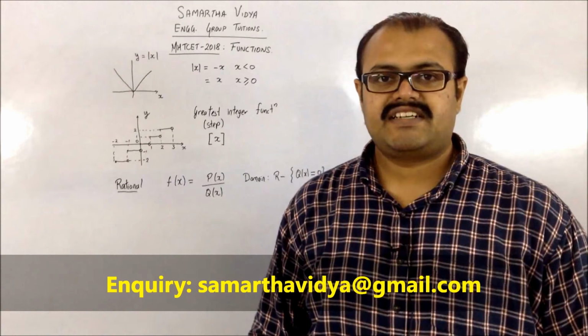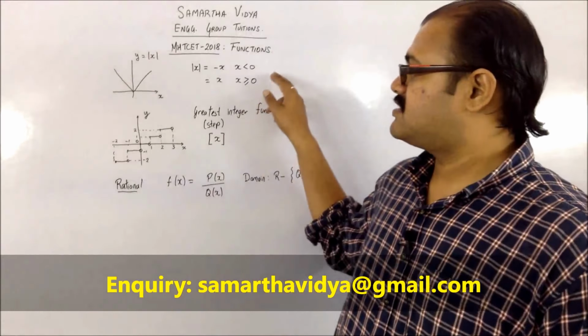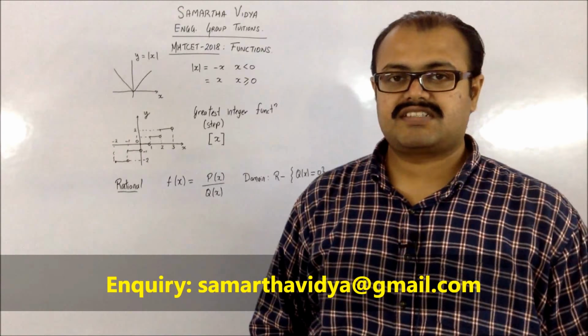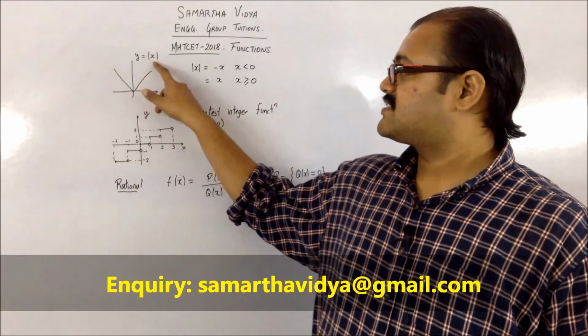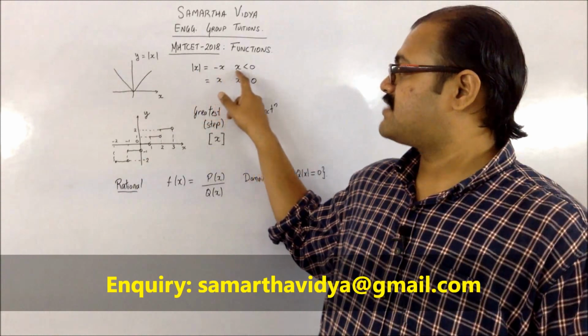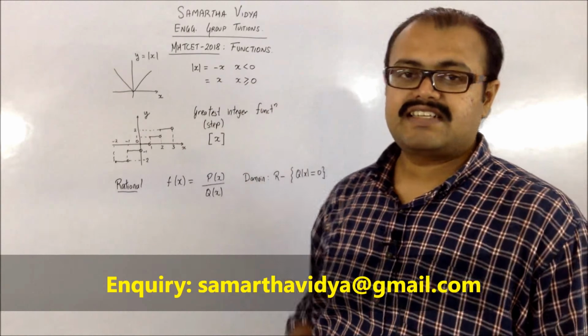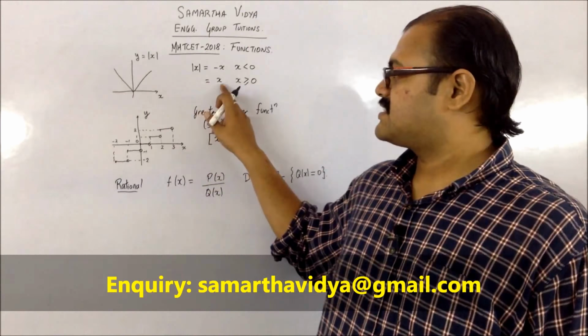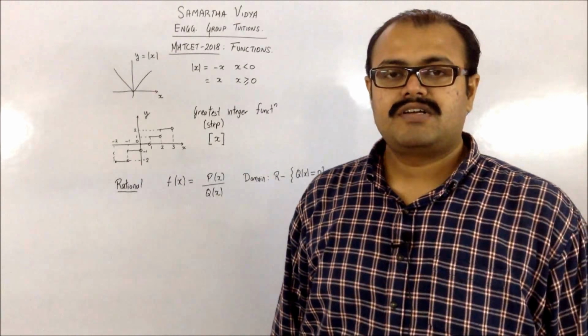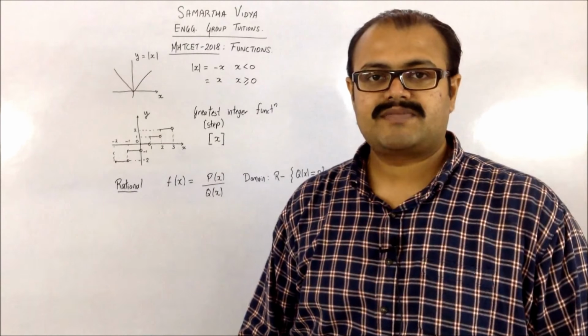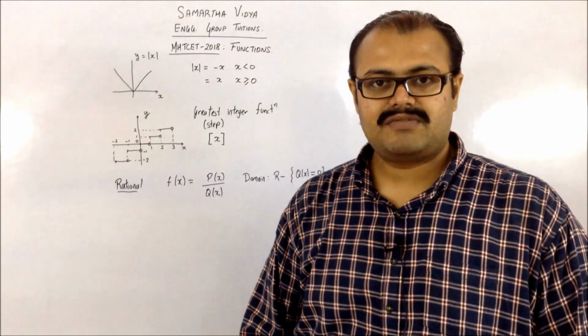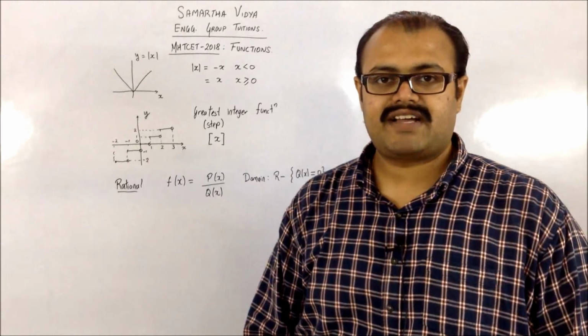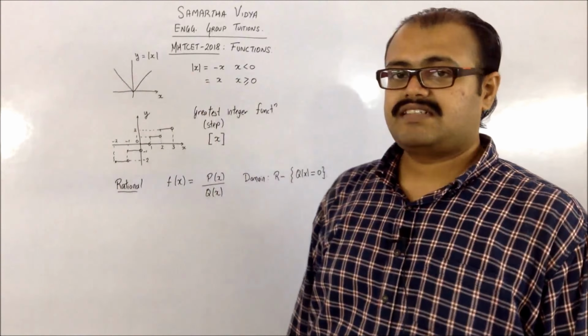These are some special types of functions. The first one is your modulus function, that is y equals modulus x, which is defined as negative x for x less than 0, and it is defined as x for x greater than 0. By modulus you mean you are always going to get a positive value whenever you substitute any value inside the modulus sign.